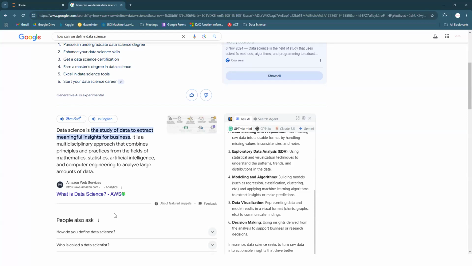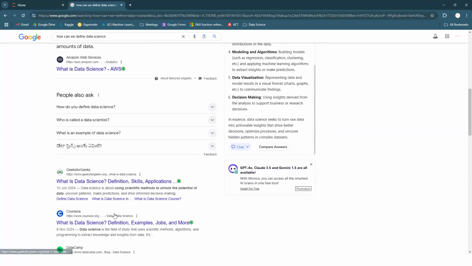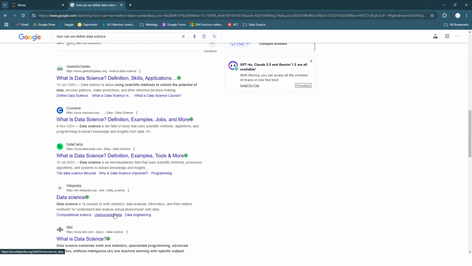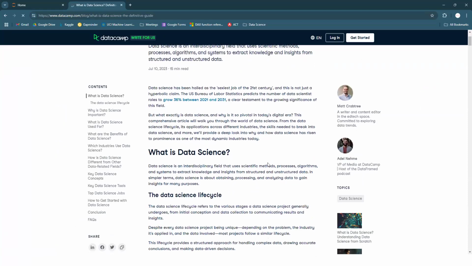So what is data science? If you ask what data science is, the same definition will come. It's an interdisciplinary or multidisciplinary field where we use various scientific methods, with different types of methodologies, to learn. Finally, the main purpose is to get knowledge and insight from structured or unstructured data.